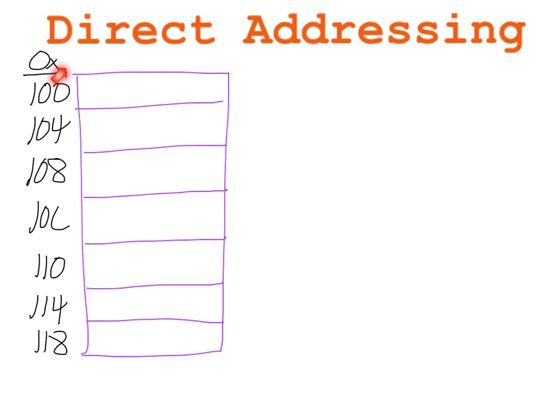Well, if we don't care about initializing it, we simply use .comm, right? Now, what's the first argument of .comm? The first one is the name you want to give your variable. Let's call ours x, for whatever reason. And we have a comma. And then the second parameter of .comm is the size that you want to give your variable.